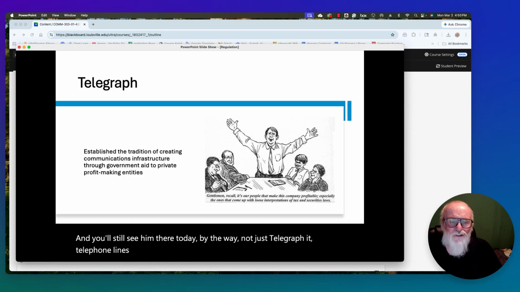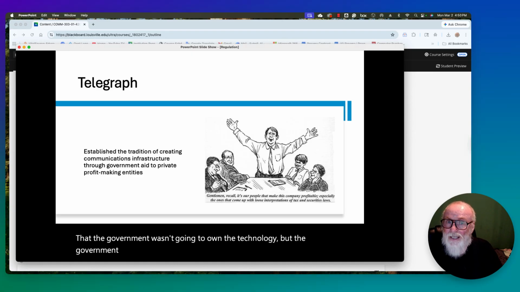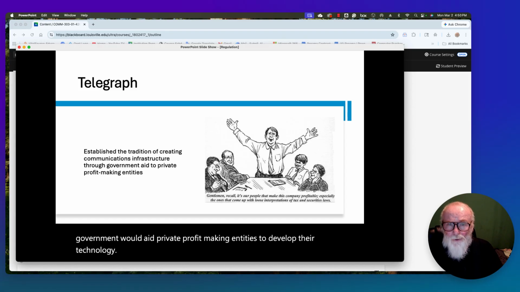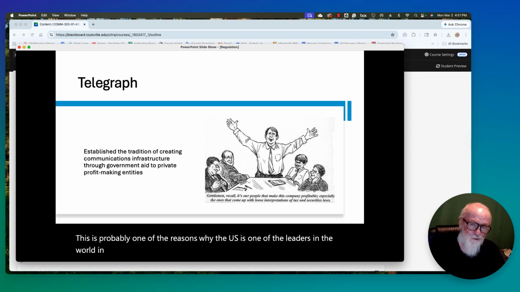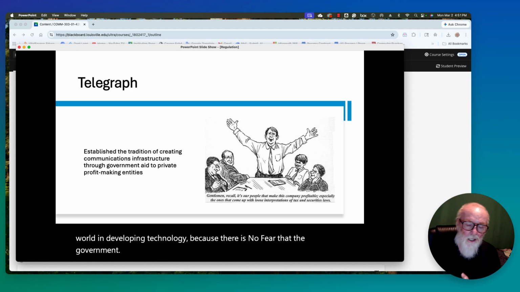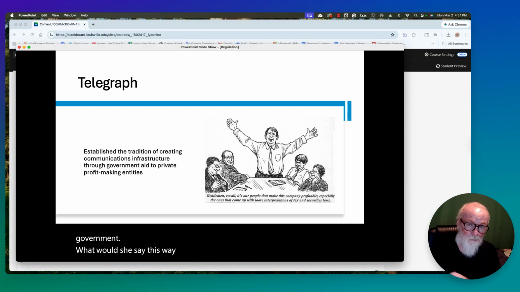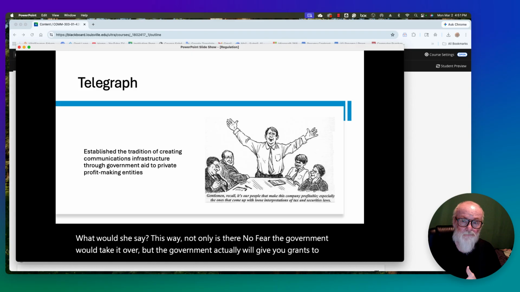So what that started was that the government wasn't going to own the technology, but the government would aid private profit-making entities to develop their technology. This is probably one of the reasons why the U.S. is one of the leaders in the world in developing technology, because not only is there no fear the government will take it over, but the government actually will give you grants to help you develop it.